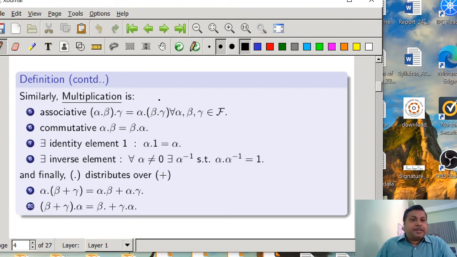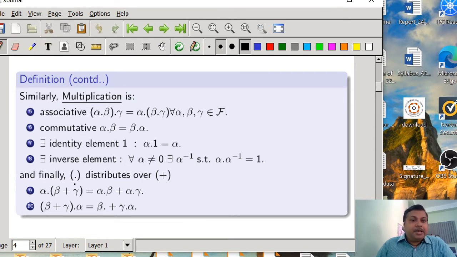And then similarly the multiplication is also associative, multiplication is also commutative, and there exists an identity element 1, and if you take any element from the field and multiply with 1, then you will get back the same element alpha. And there exists an inverse element, that is, for all values of alpha which is not equal to 0, there must exist alpha inverse or 1 by alpha such that alpha into 1 by alpha is equal to 1.